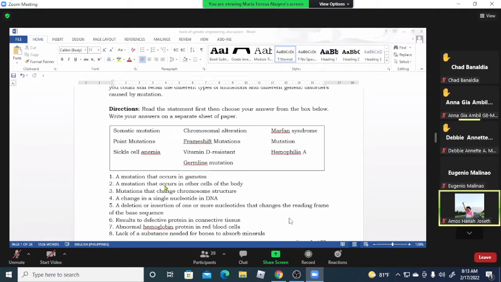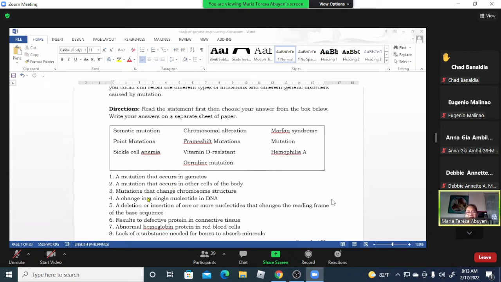Very good. So a change in the DNA of skin cells, liver cells, cardiac cells and other cells of the body is called somatic mutation. A mutation that occurs other than in egg and sperm is called somatic mutation.